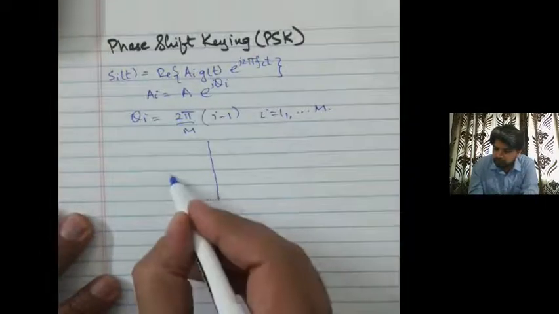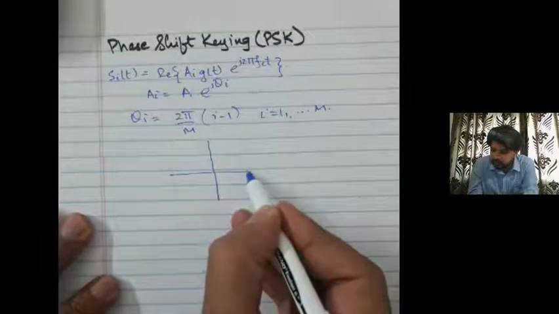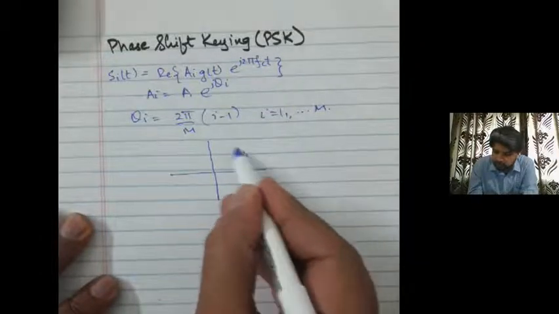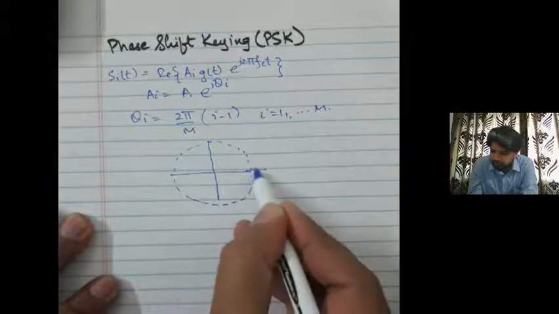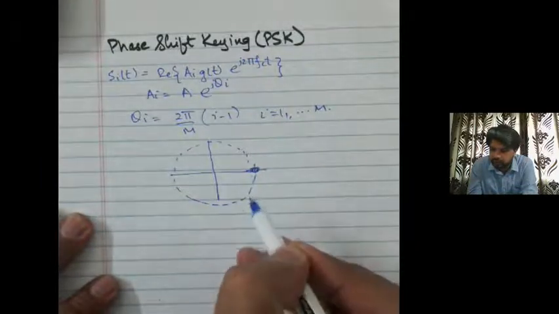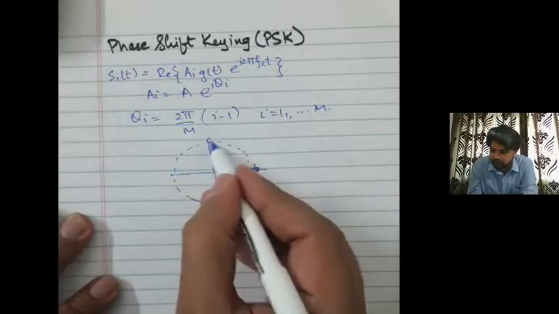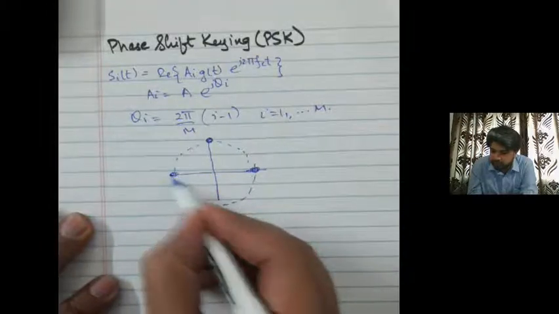So, for example, if you have this circle of radius A, then you would have a constellation point here, a constellation point here, a constellation point here, and a constellation point here.